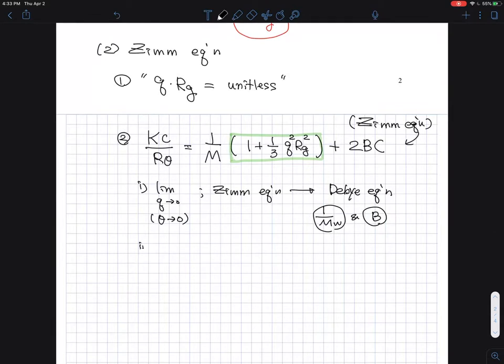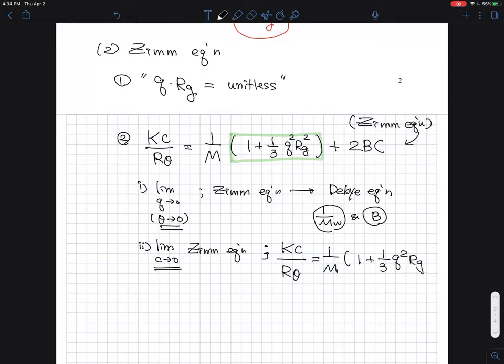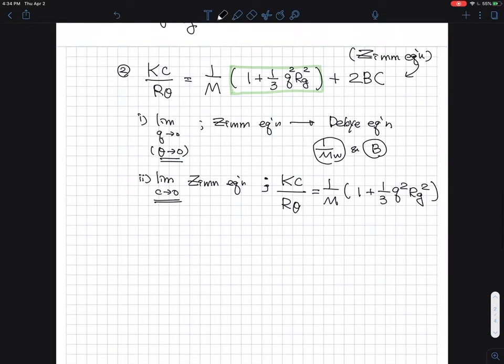But now you can change the concentration and the scattering angle. In the limit of concentration going to 0, the Zimm equation is reduced to a new form: Kc over R theta is 1 over M times (1 + 1/3 Q squared RG squared).